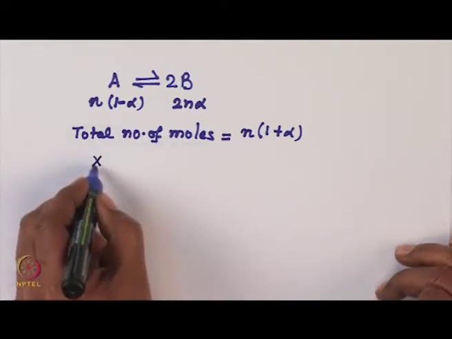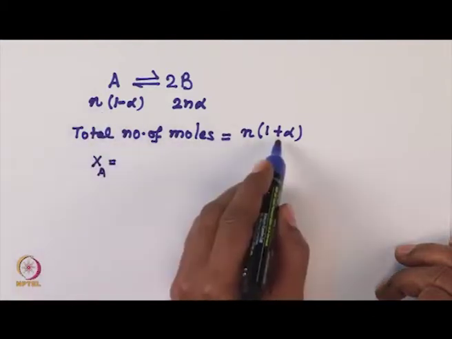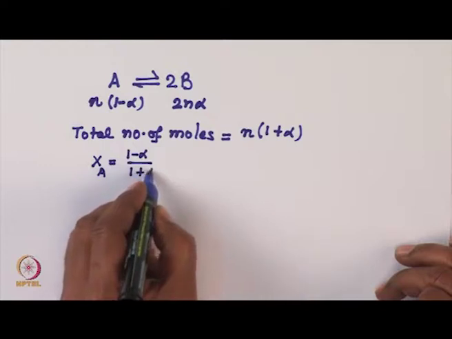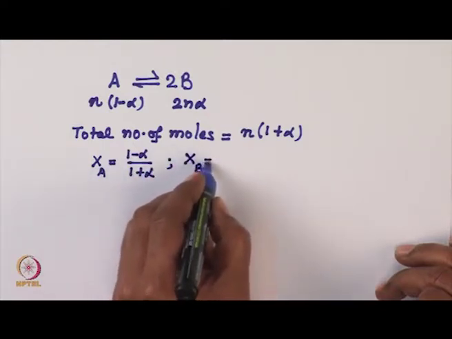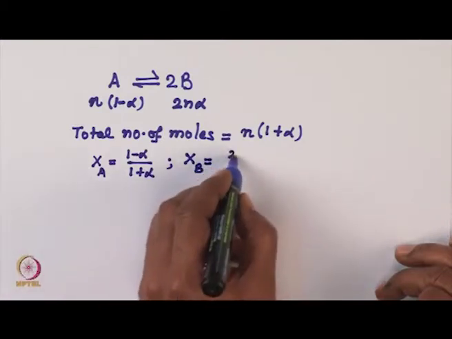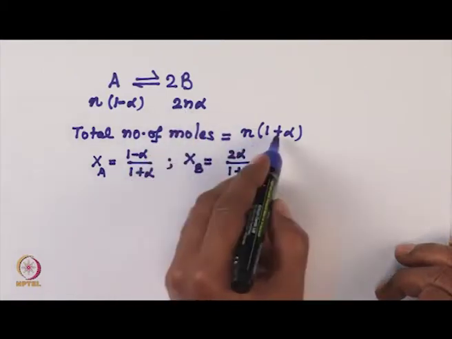So, mole fraction of A will be equal to this divided by this: 1 minus alpha over 1 plus alpha. Mole fraction of B is equal to 2 alpha over 1 plus alpha.